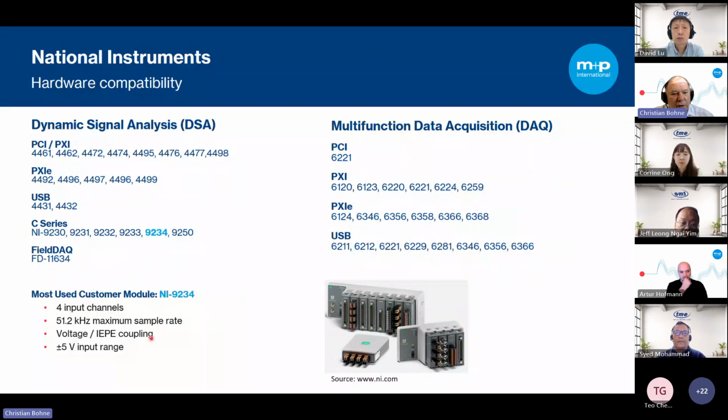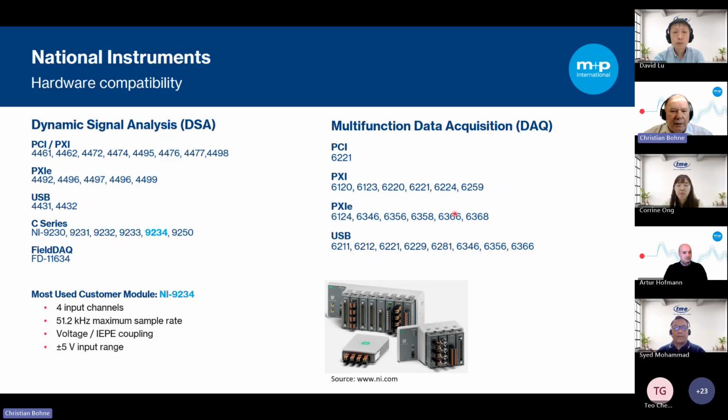It supports voltage and IEPE, so you can adjust this, and it has a 5-volt input range, which is ideal for all IEPE accelerometers, which have a 5-volt range. Right-hand side, you see all these multi-function data acquisition modules, yeah, PCI, PXI, and so on.